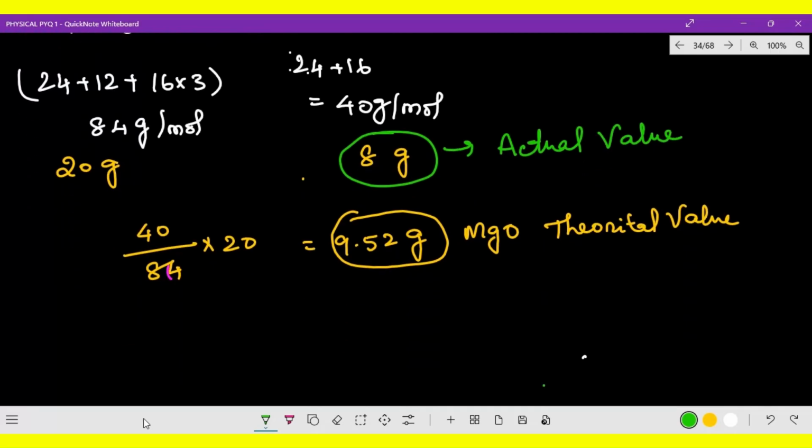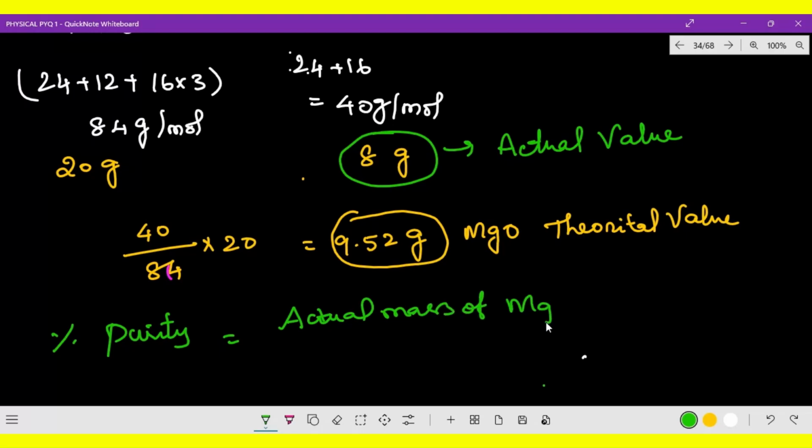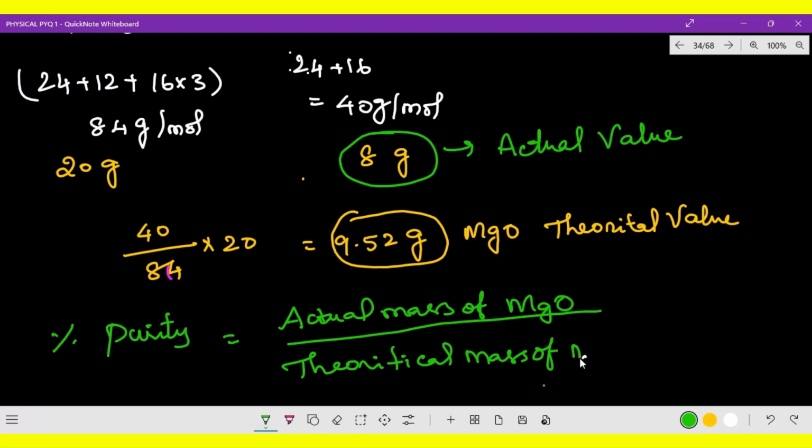So the percentage purity, you know the formula: actual mass of so and so divided by theoretical mass of so and so. So actual mass of MgO, that is what they have given in this question, actual mass of MgO divided by theoretical mass of MgO into 100 percentage.